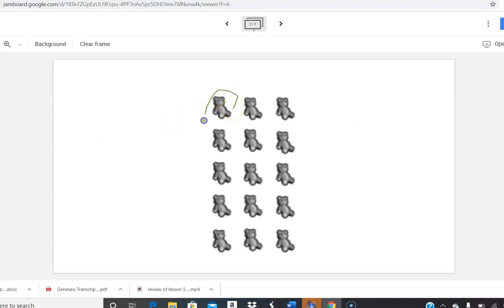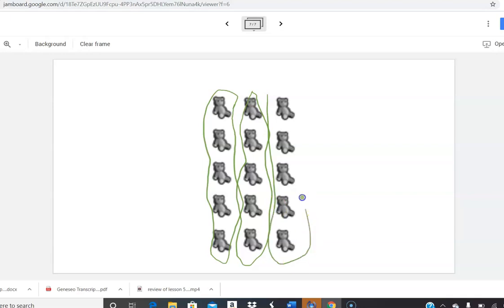We have 1 column, 2 columns, 3 columns of 5 bears. There are 5 plus 5 plus 5.